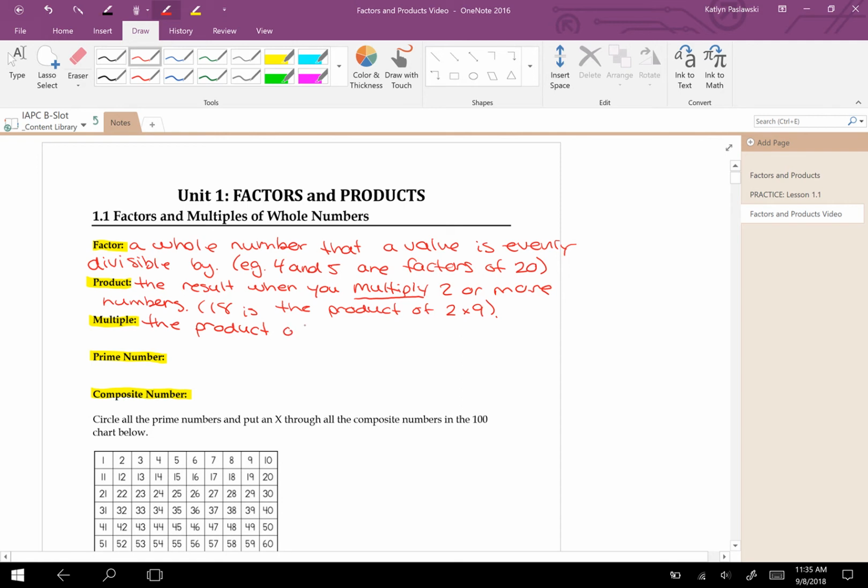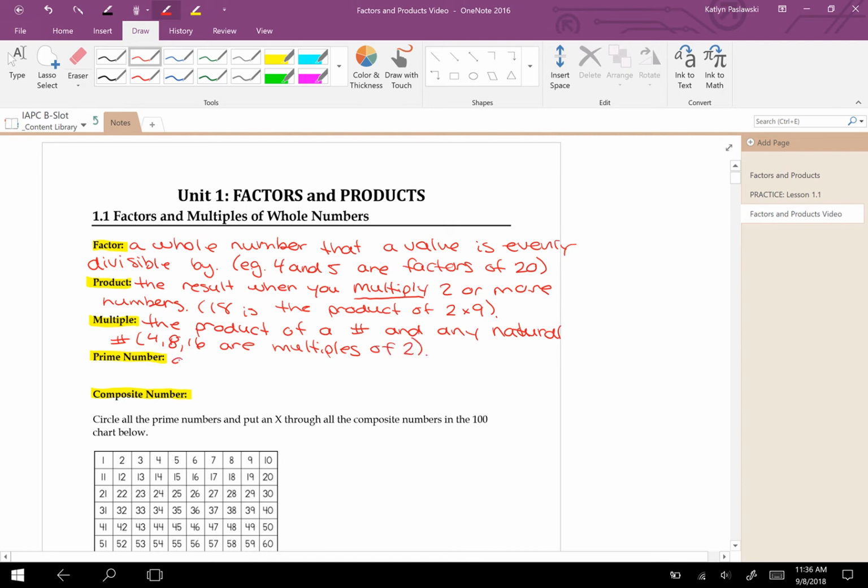So a multiple is a product of a number and any natural number. As it gave an example, 4, 8, 16 are multiples of 2.